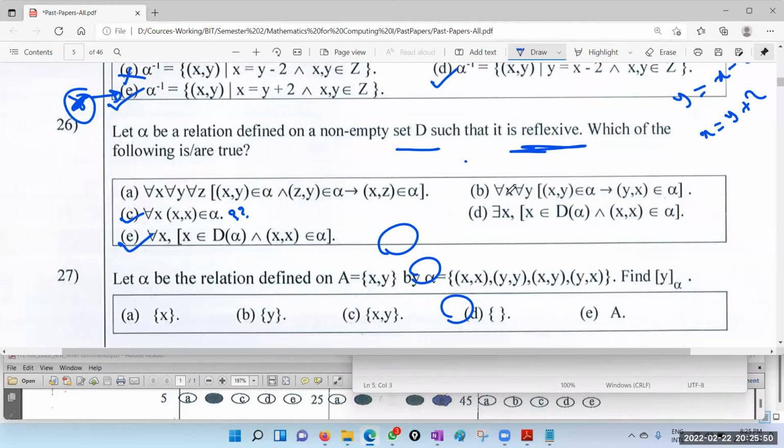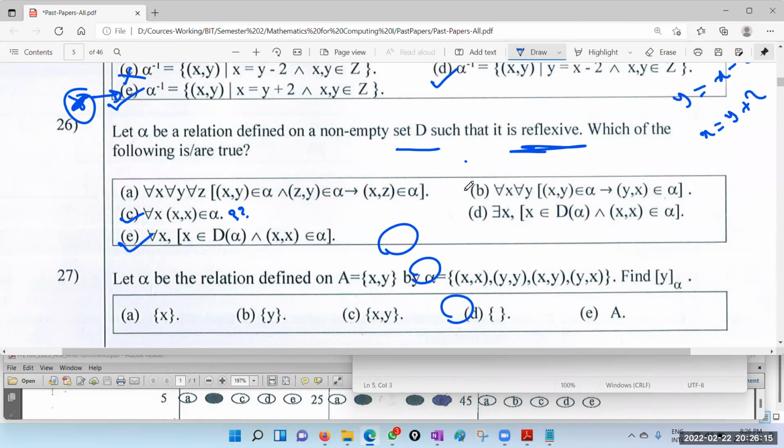Okay, let's look at this. All x, all y, (x, y) is in alpha. If (x, y) is in alpha, it implies (y, x) is also in alpha. So that is not reflexiveness, right? That is symmetricness. When (x, y) is there, (y, x) must also be there is not reflexiveness, that is symmetric.